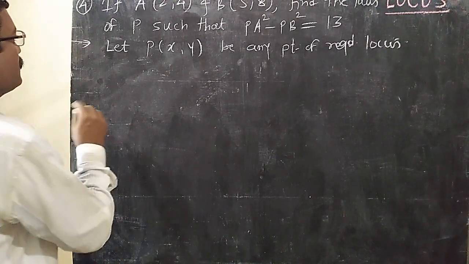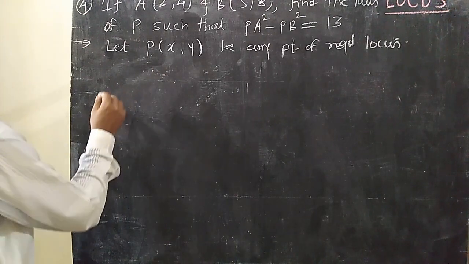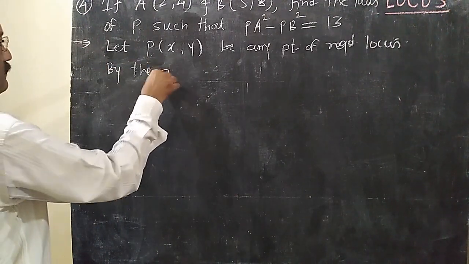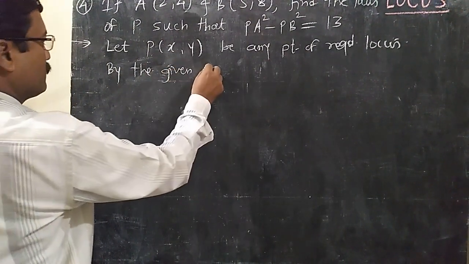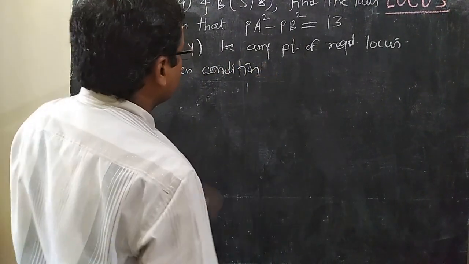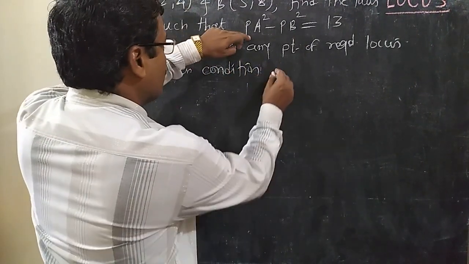Then by the given condition, the condition is PA square minus PB square equal to 13.